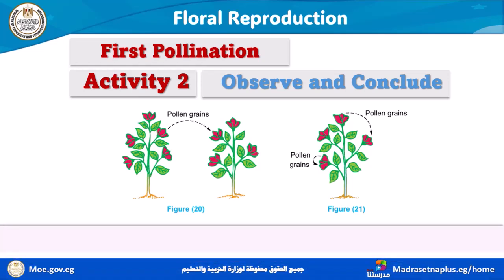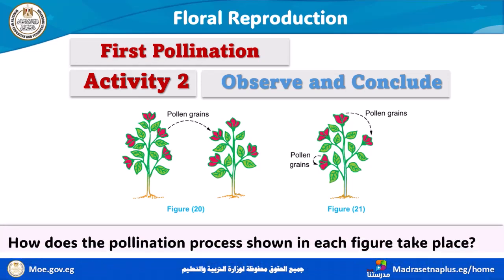In our activity, try to answer this question: how does the pollination process shown in each figure take place? Let's observe the first figure. In figure 20, we have two separate plants, and the pollen grain transfers from this plant to the second one.